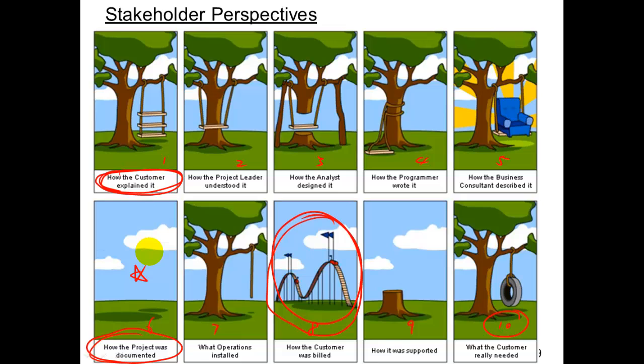And this one, number one, is how the customer explained it. This is what they want. This is how they explain it. Why? They're not sure what they want. Sometimes, yes, they're not sure what they want, or they do not know how to articulate what they really want clearly to you, because they have never built this or seen one before, so they just have some rough idea.